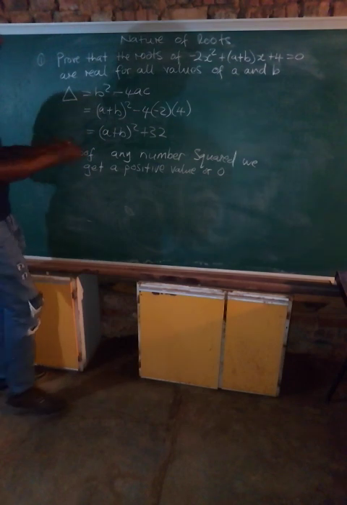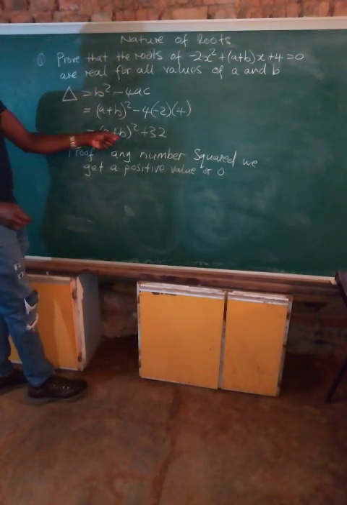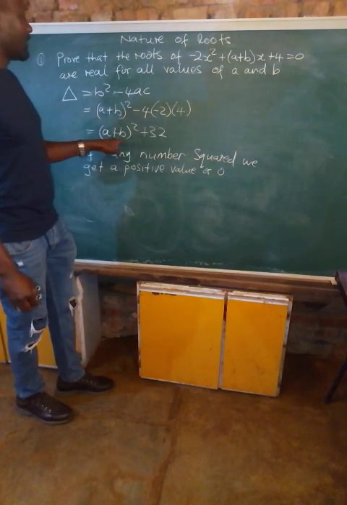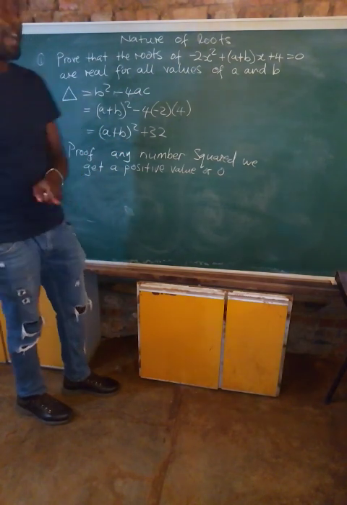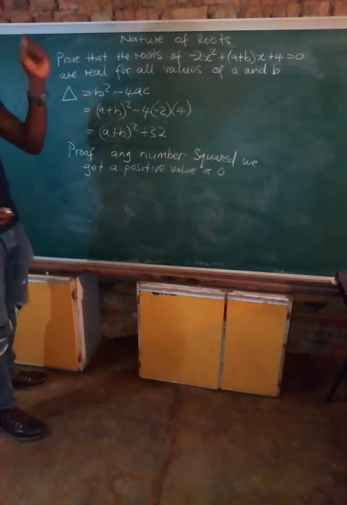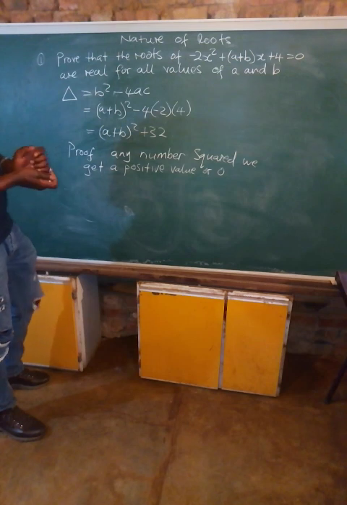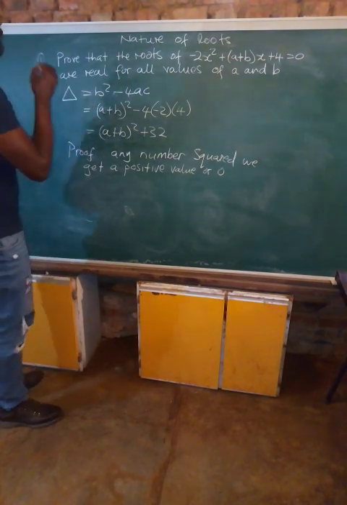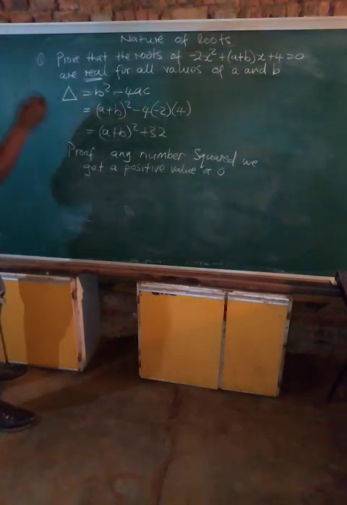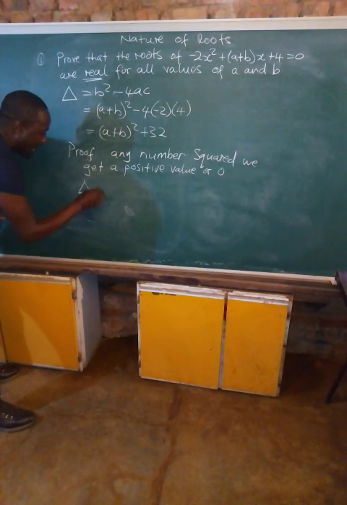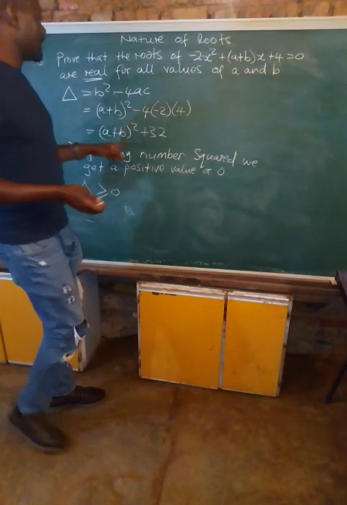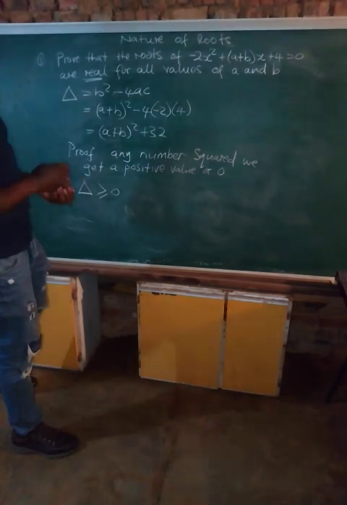So if we add to that number which has been squared a positive again, what do we get? We get a number which is greater than 0. For us to have real roots, delta should be greater than or equal to 0.